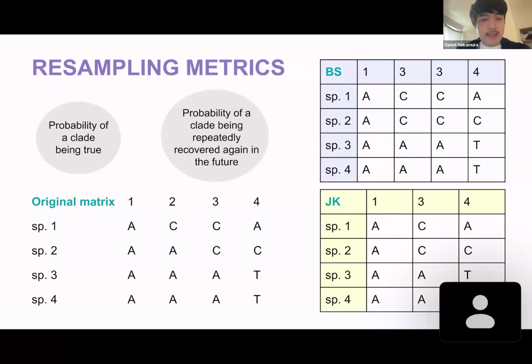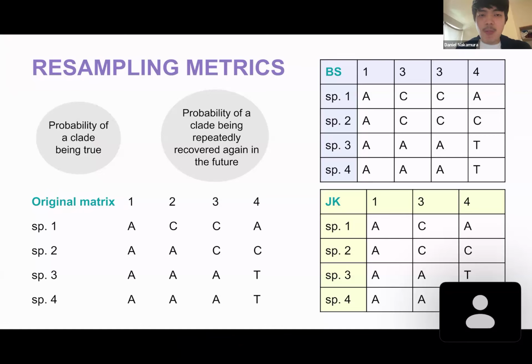Clade support is typically assessed using two kinds of metrics. The first one are those proportional to optimality, like the Goodman-Bremer, and the second one are those that rely on resampling techniques, like bootstrap and jackknife.